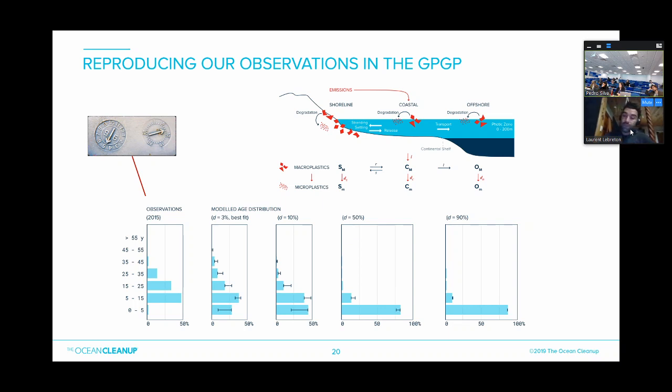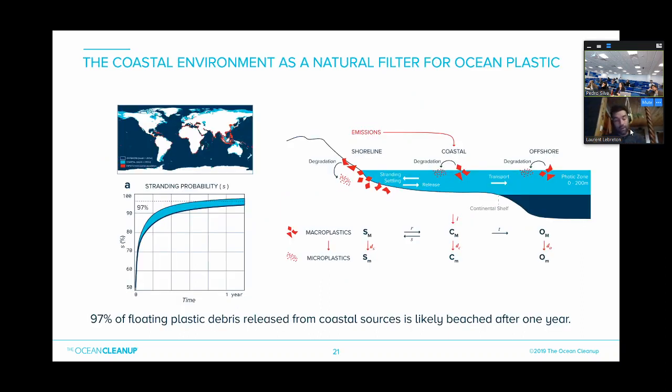Now, the thing is, if we have a small degradation rate, then how can we explain that there is not that much plastic at the surface of the ocean, right? Well, in our model, we explain it by the coastline filtering the plastic going into the ocean.